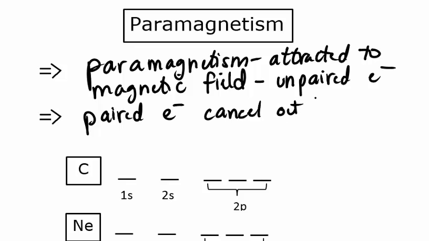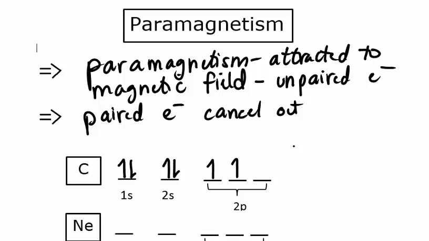And if the electrons are paired up, then that effect will be canceled out. All right, so let's do a couple of examples. One is the carbon atom. The electron orbital box diagram type of configuration for it shows the electrons. You have two 1s electrons, two 2s electrons, and then two in the 2p, which are, because of Hund's rule, in two separate orbitals.